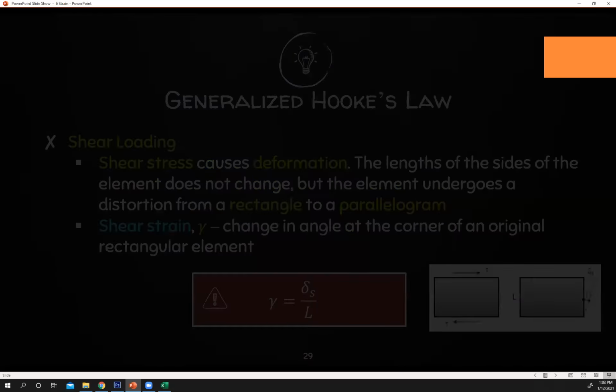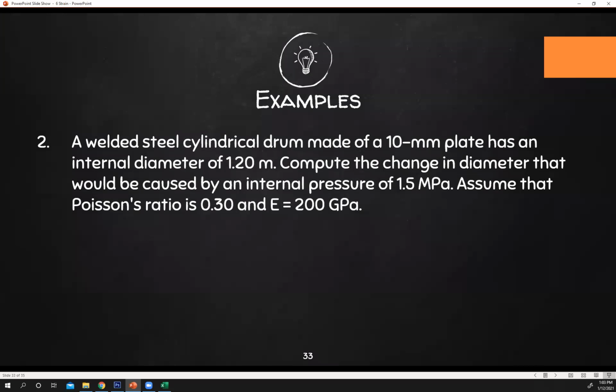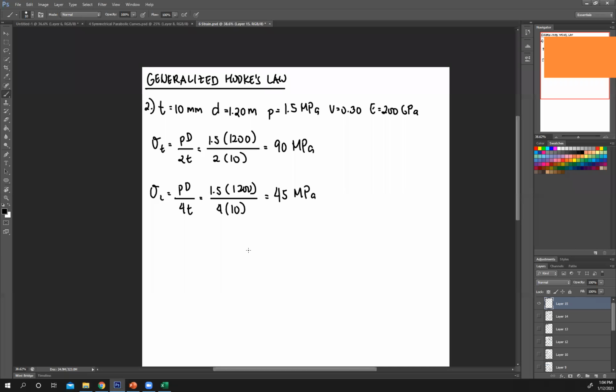Change in diameter. So for a thin-walled cylinder, what direction is that? Is it along the longitudinal direction or transverse direction? Let me draw for you what happens for you to answer better. If you have a thin-walled cylinder, this force is your transverse stress.